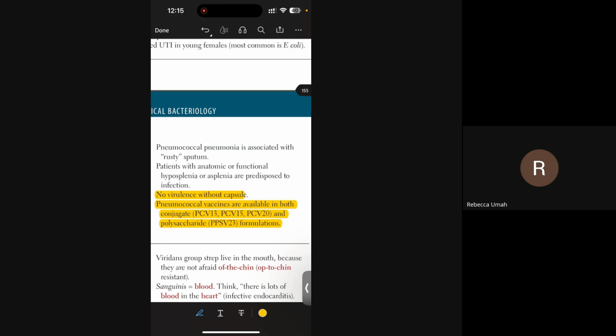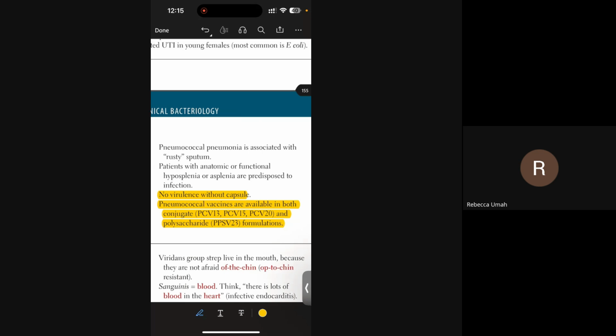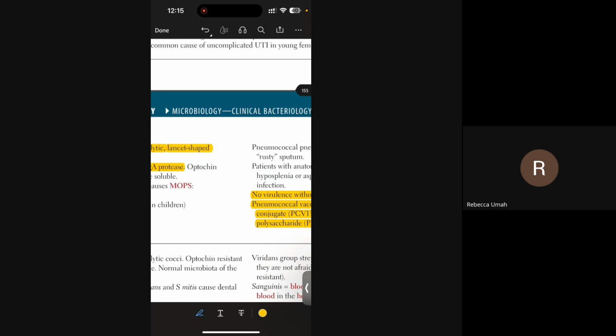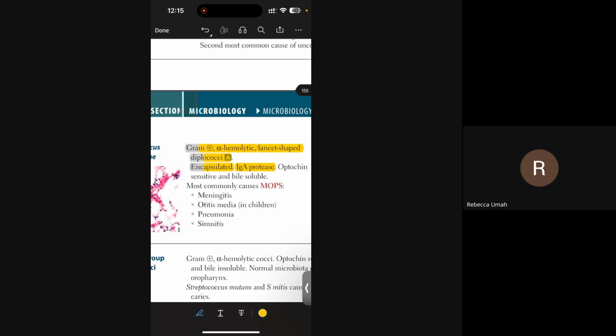And the vaccines which we developed for Strep pneumo also contain the conjugated proteins or the polysaccharides of the capsule. In this way our body develops immunity against that specific bacteria.